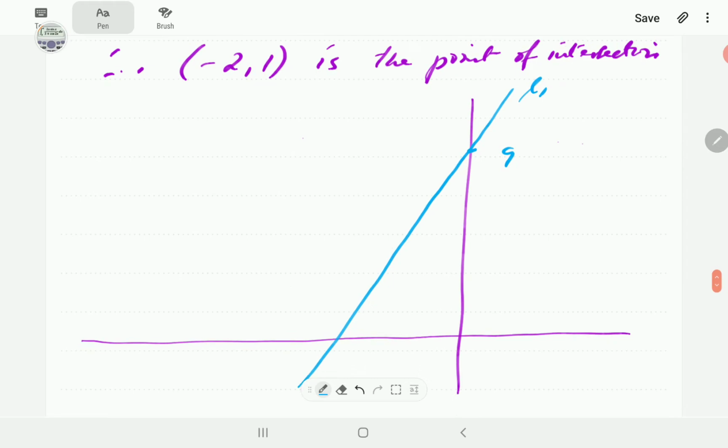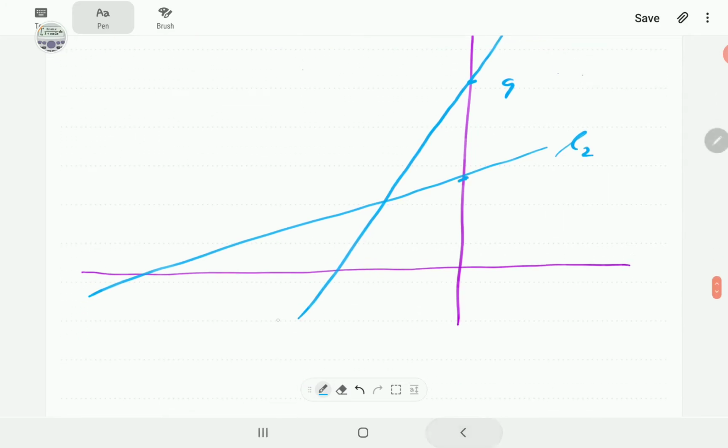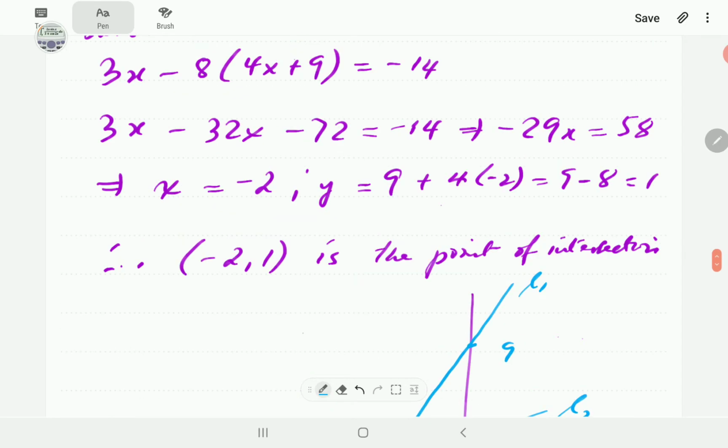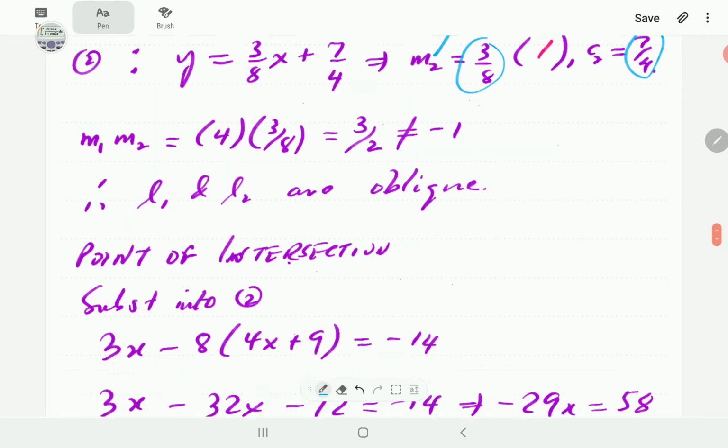So the situation is going to be something like this. That's L2. Remember, for L1 M is 4, for L2 M is 3/8.